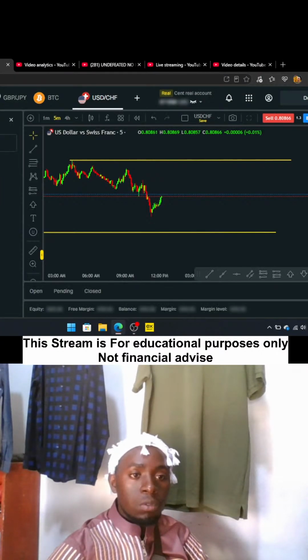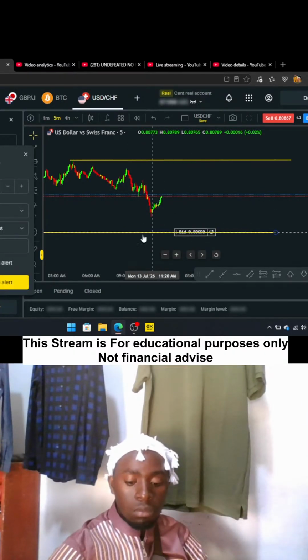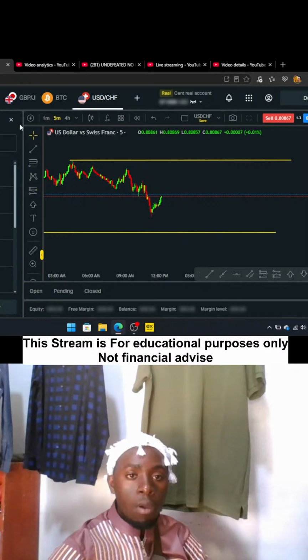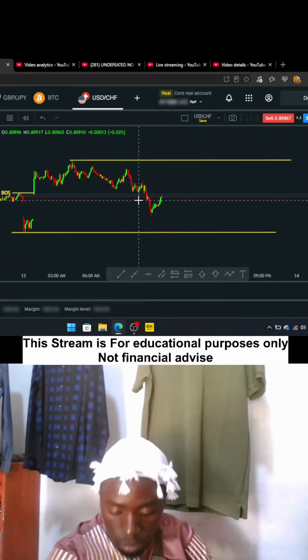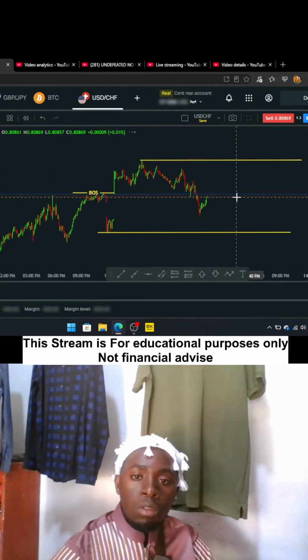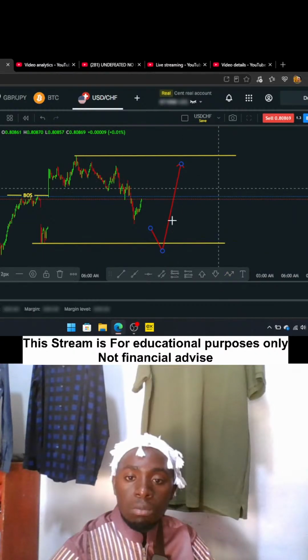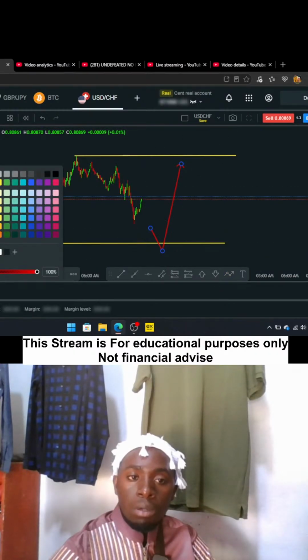And I'm going to set an alarm right here. What am I going to be expecting? I'm going to be expecting a push down below before I look for a push above.